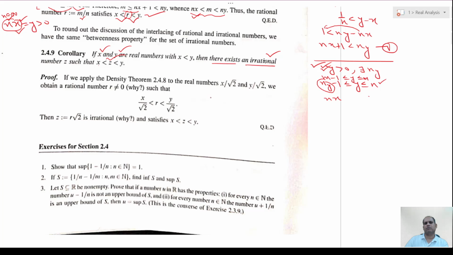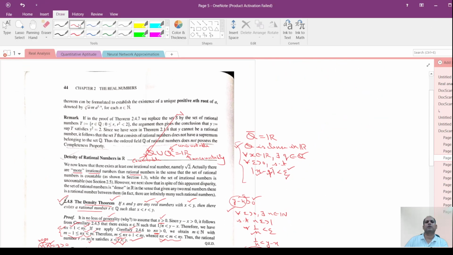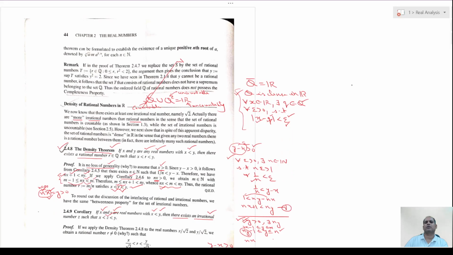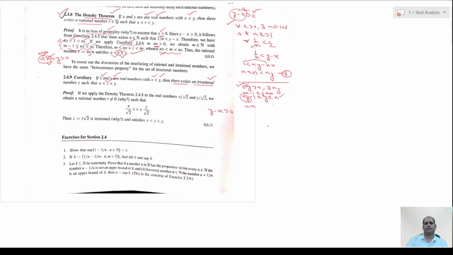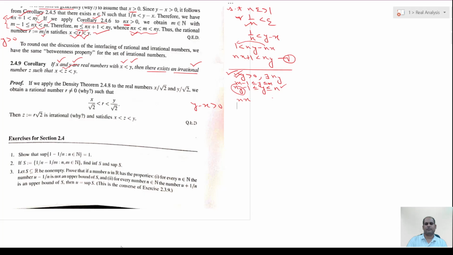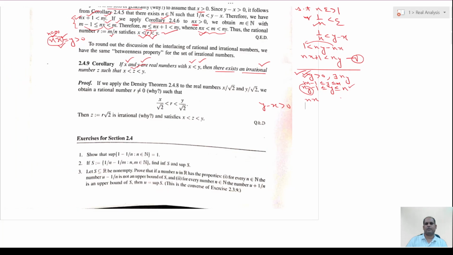take x and y with x less than y, as again given here, so this implies y minus x is greater than 0. So I can use this argument because it is already given that x is less than y, so obviously y minus x is greater than 0.